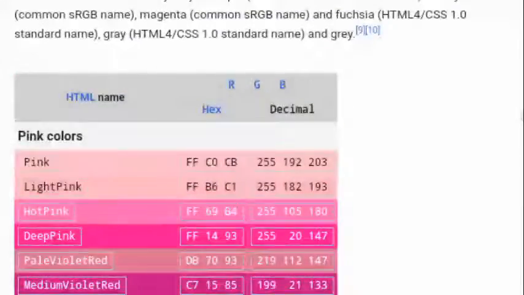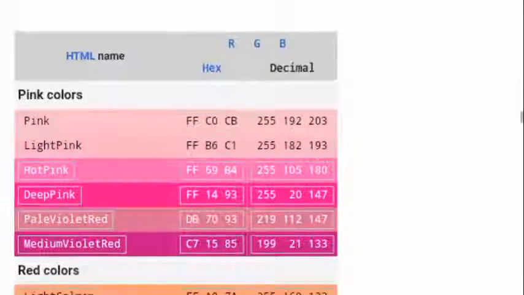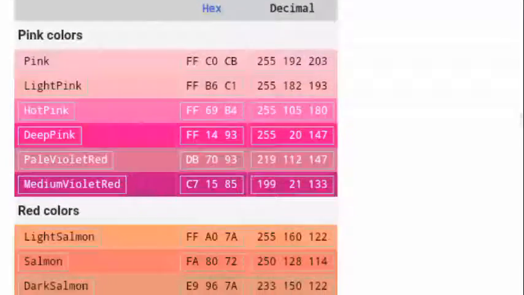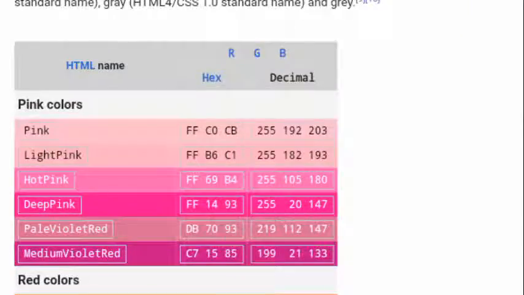Now this is another one I liked. I liked this one because before you come to red colors, you start with pink colors. And in pink colors, all the pink colors, they have red in the 200 bracket.